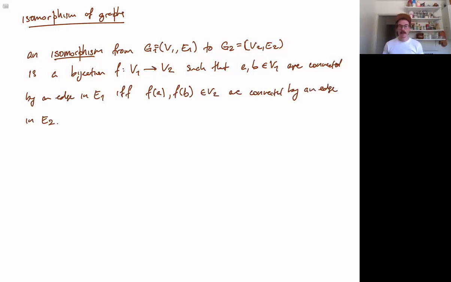So this is basically a rigorous way of saying what we just said before. Two graphs are isomorphic if you can match up the vertices so that they are connected in exactly the same way.